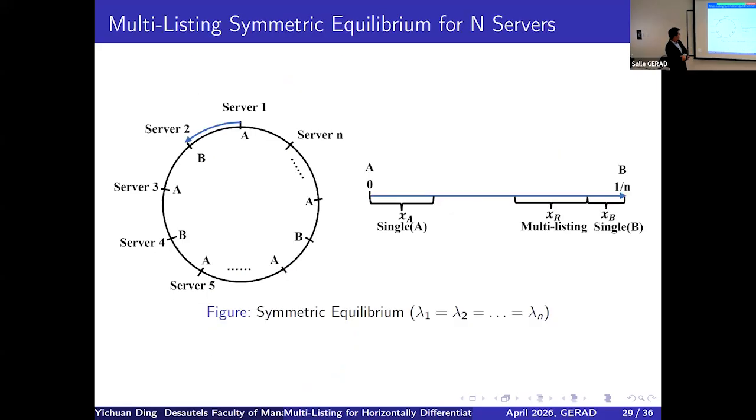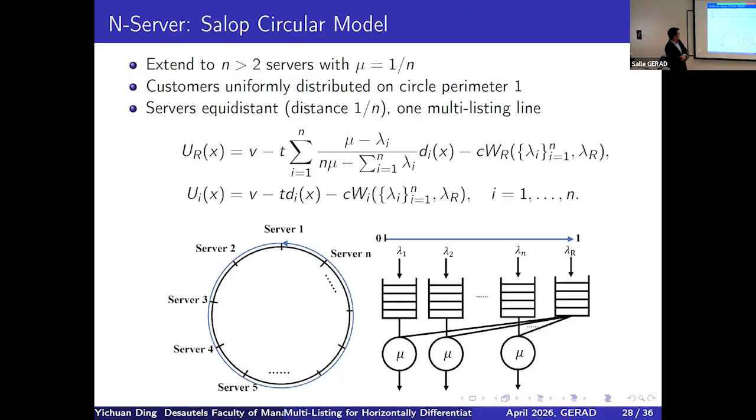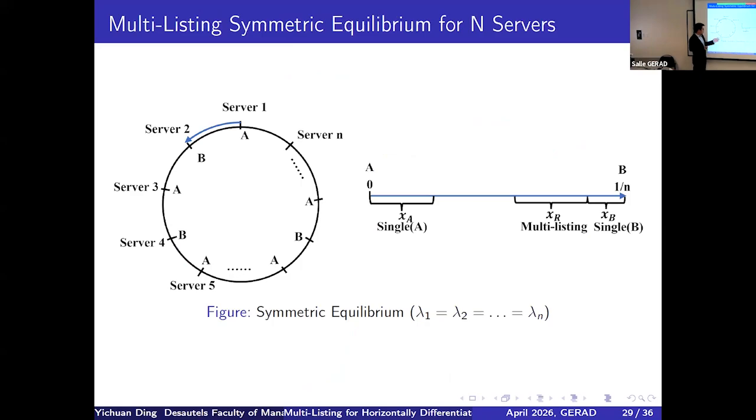Okay, and then you may ask how to model multi-listing, right? So in this circular model, how do you create a multi-listing queue? If you want to create many multi-listing queues, there are too many combinations. You could say, oh, server 4 and server 5 have a multi-listing, or server 3 and server 4, you could check both, right? But if you do that, it's too complicated, and indeed in reality it's not realistic.